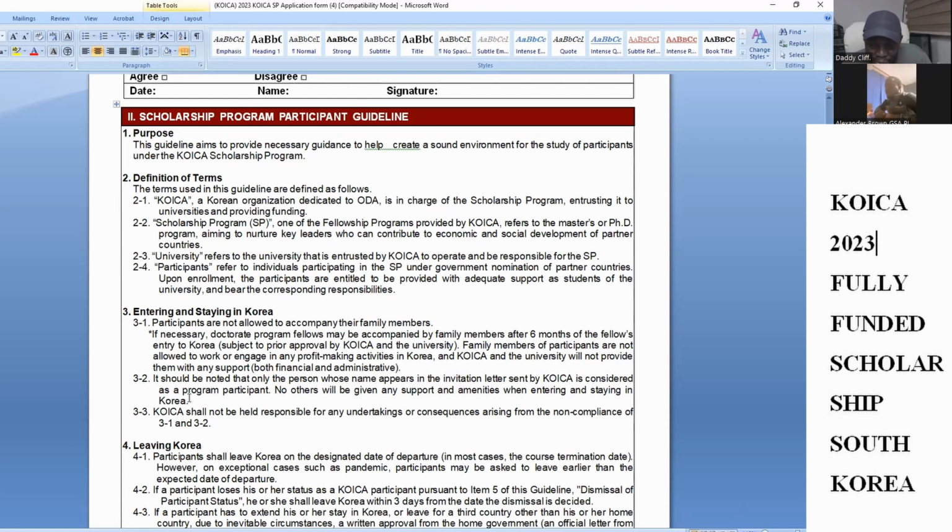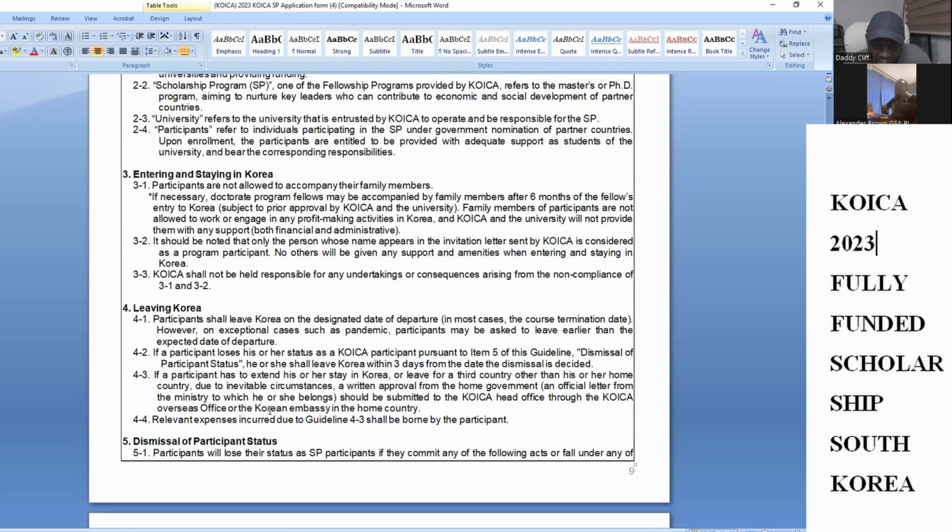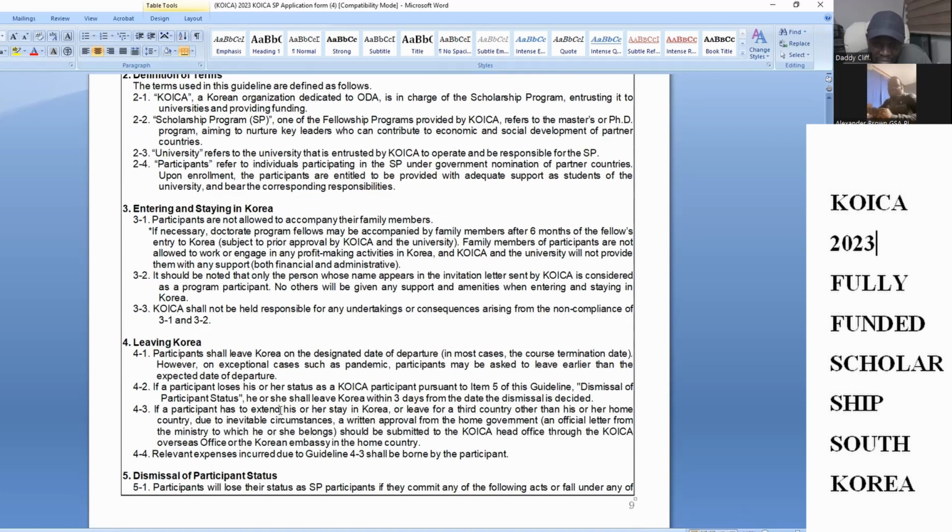So you should agree that yes, you are going to study, but your family will not follow you. They've also stated that even in cases like the PhD program, when family comes, KOICA cannot take care of them, and they are not allowed to do any economic activity. So it would be a financial burden on you.